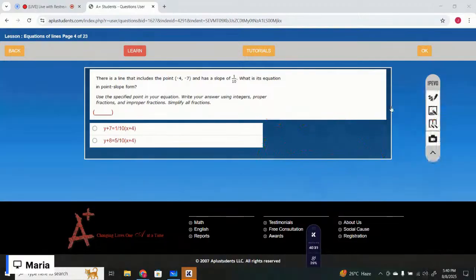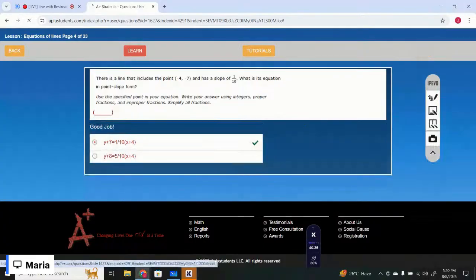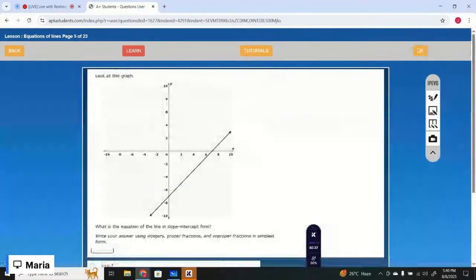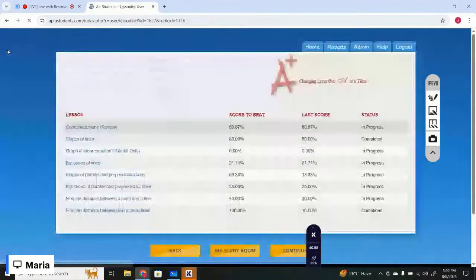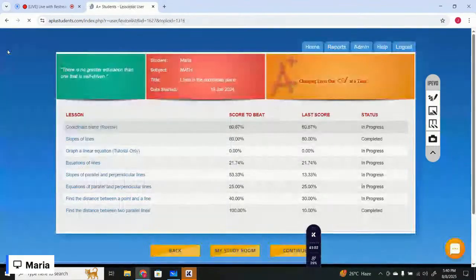Okay, you can complete the lesson by yourself again today. So we were working on grade 10 math. The chapter we were working on is lines in the coordinate plane.